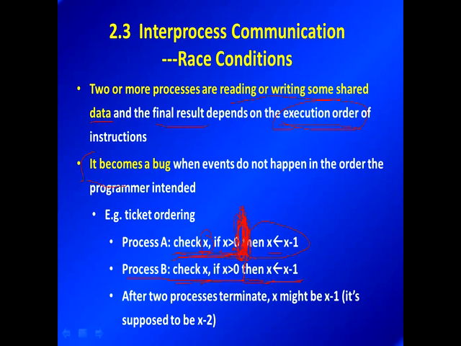And after that, before process A writes back X minus 1 to X, when process A wants to order a ticket and it checks the number is 3, so after process A ordered one ticket, X should be set as 2, right?